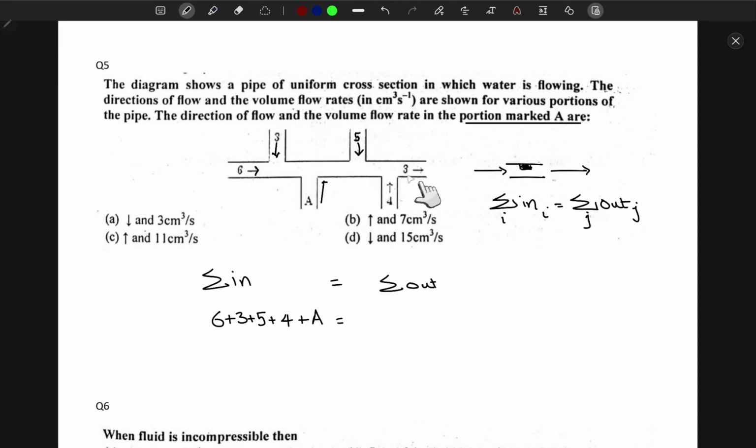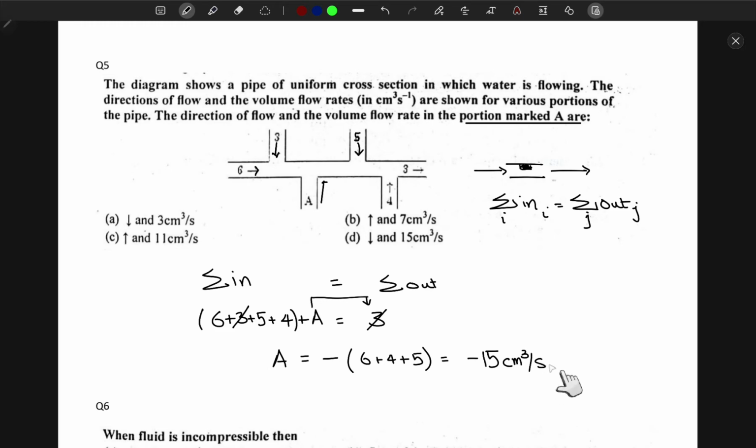And what is going out? We have 3 and nothing else. So 3 is going out. So this cancels 3 like this, and we have A is equal to, you can bring this A over here, so you'd have a negative sign then with all of these things. So this means negative 6 plus 4 plus 5, which is negative 15 centimeter cube per second.